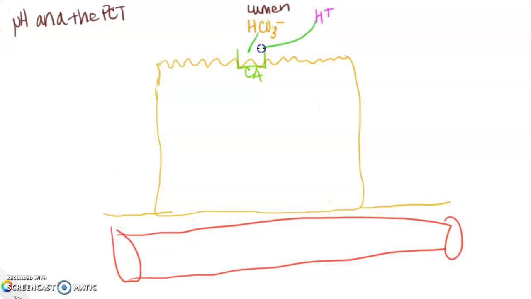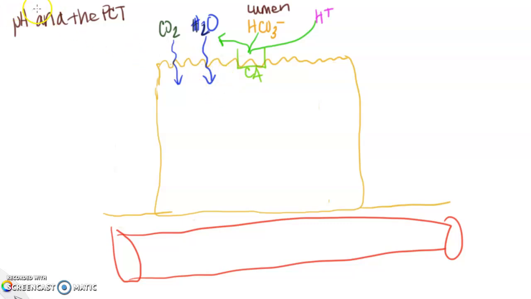So they combine here utilizing this enzyme, and we get CO2 and water. Let's make that blue since it is water. So water there. So CO2 and water both diffuse right into the cell.